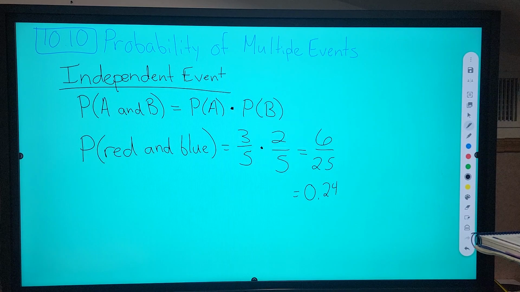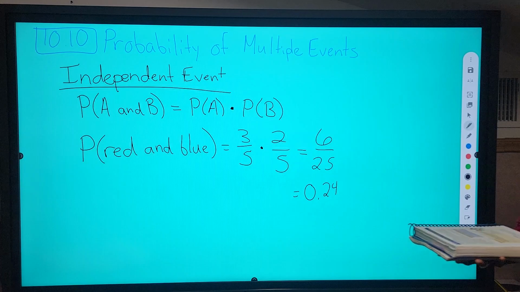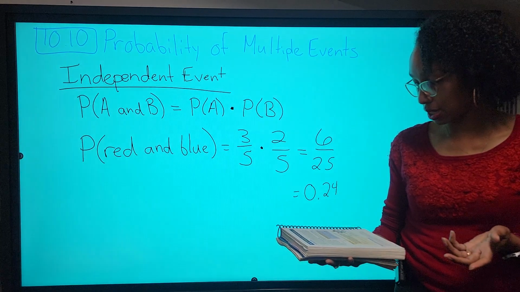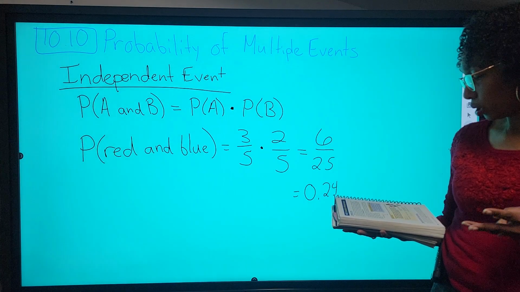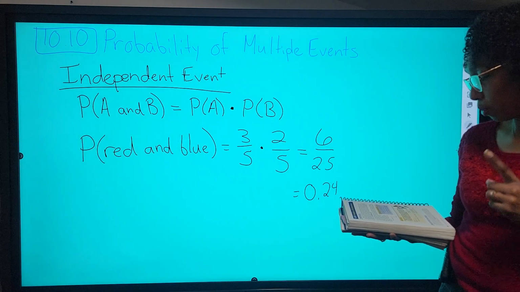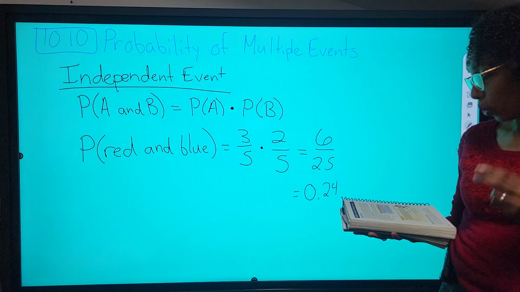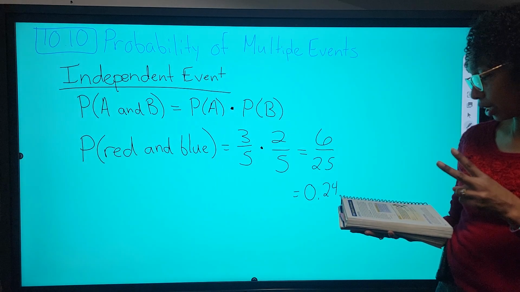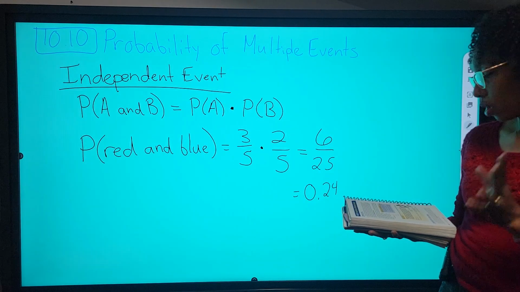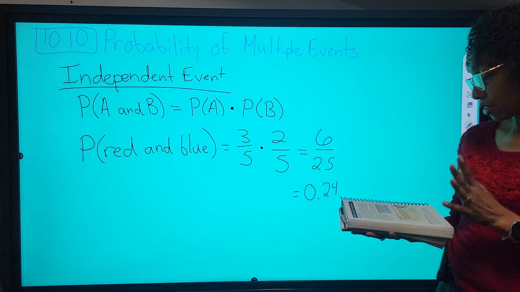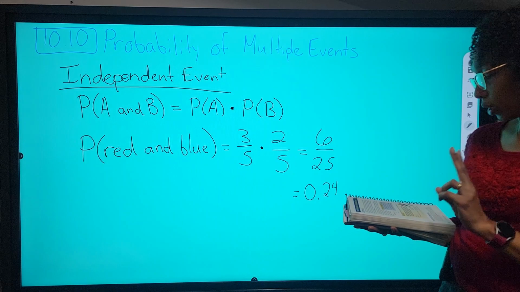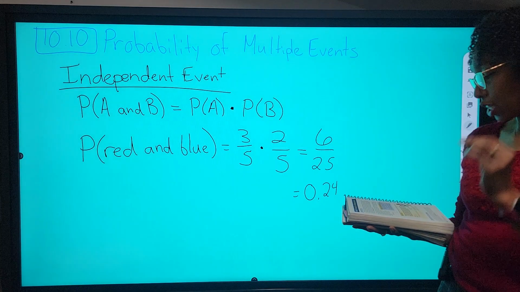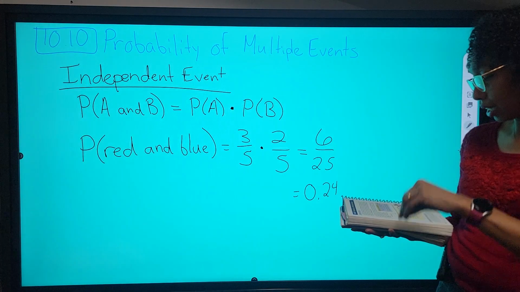Again, they'll have to tell you that you're replacing the marble. So, I'll just read the example for 10.10a. It says a bag containing 3 green marbles, 2 red marbles, and 1 blue marble. When 2 marbles are taken from the container at random, what is the probability of selecting 1 red marble and 1 green marble when the first is replaced before the second is removed?